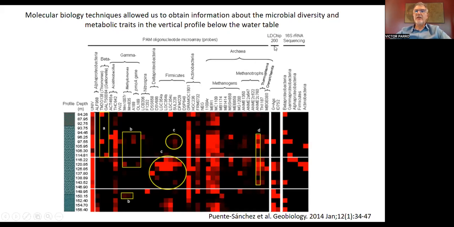We also did some immunoassays, like I will talk to you about later, and we also did DNA sequencing for phylogenetic studies. In all these studies, we identified, for example, specific areas that were especially enriched in Firmicutes, like Bacillus, that have relevant metabolisms, or we also identified some bacteria able to do single carbon metabolism, or we identified the presence of methanogens and methanotrophs in different parts of these cores.